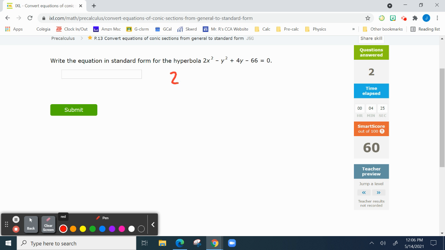I don't know. 2x squared minus y squared plus 4y minus 66 equals 0. Okay, so we're going to have to complete the square on this y part, right? So let's do that.